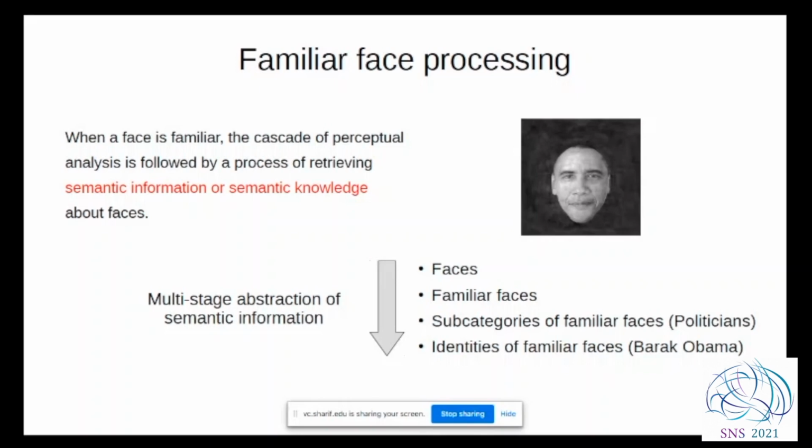For example, when you see the face of Barack Obama, you know that he's a politician, his wife is Michelle Obama, he made a nuclear agreement with Iran, and many other pieces of information that are associated with this face. The activation of those contextual representations is also considered part of semantic processing.